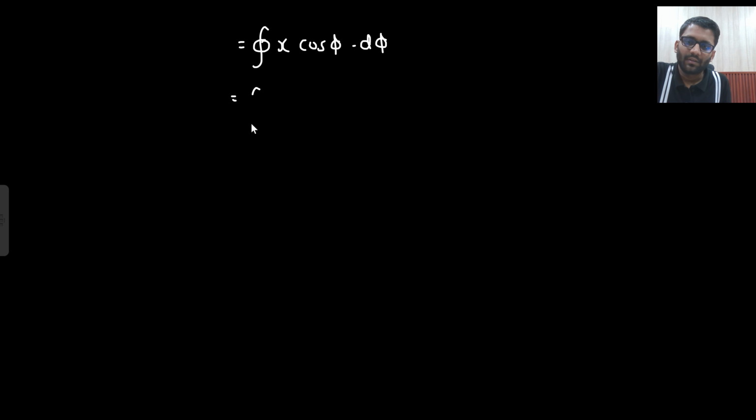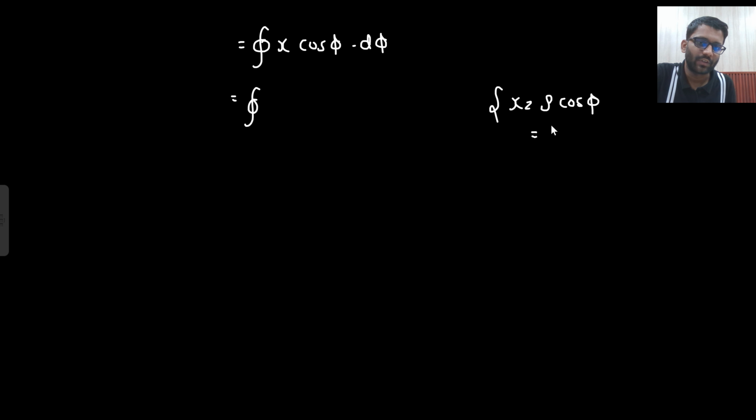Okay. So the value of x I need to put: x is equal to rho cos phi. So rho is 1, so x is equal to cos phi. So cos square phi d phi.